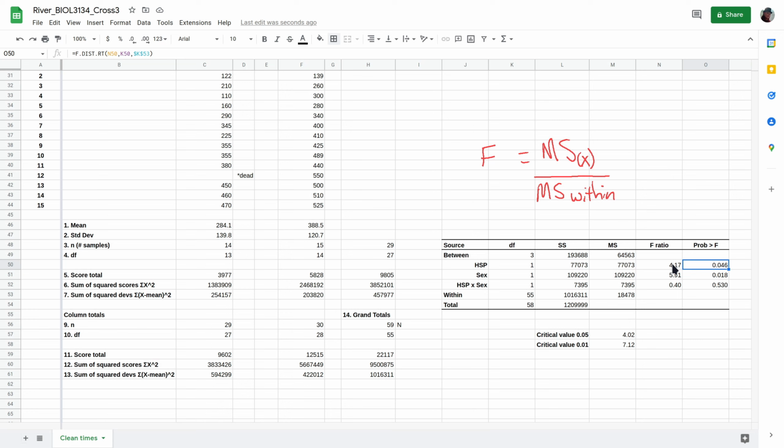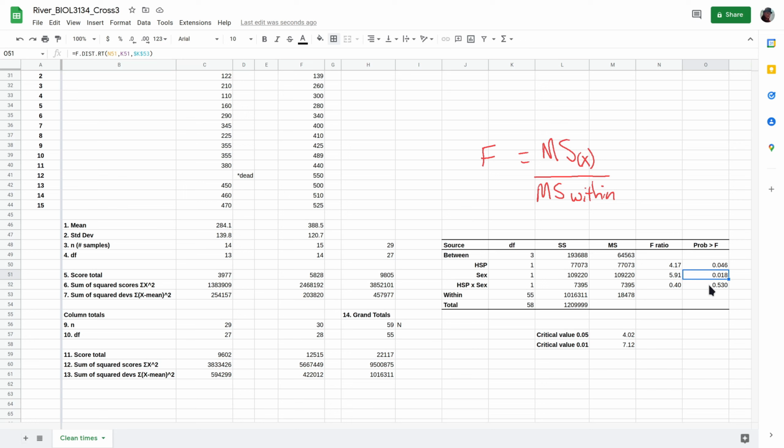So what this means is the likelihood that we would get a higher F ratio than this if we ran this test again, if it's random noise, is 0.046, so less than 5% probability. But that is still almost 5% probability that we could be seeing this effect by random chance, and there's not actually an effect. The probability for this F score for the main effect of sex, the probability of getting a higher score than that F ratio is much lower.